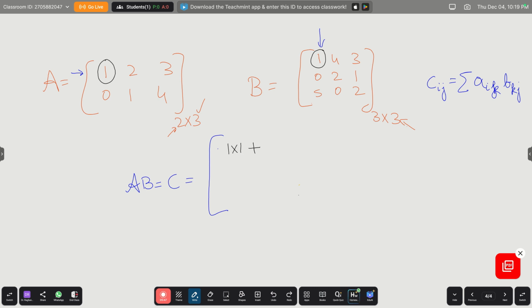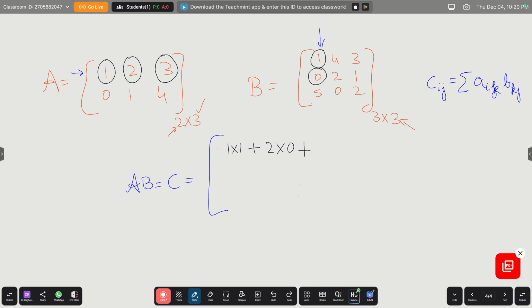Then I'm going to add this to the next element in matrix A and the next element in matrix B. So second element with the second element, 2 cross 0, and similarly plus the last one now.